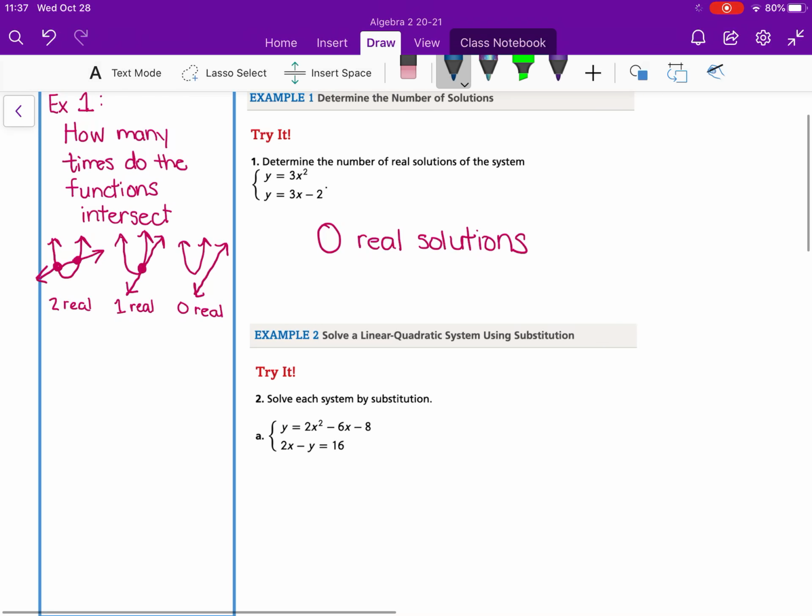In example 2, they actually want you to solve it. It says by substitution. We're going to cross that out. We're going to use Desmos. We would only want to use substitution if we had no access to a calculator, but we do. So we are actually going to solve this in Desmos.